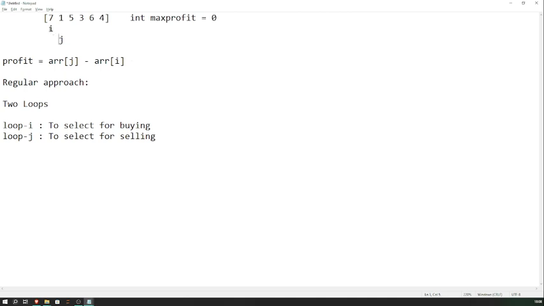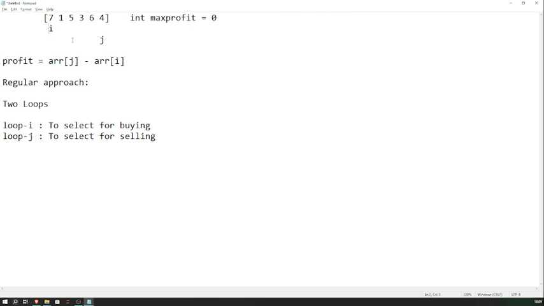So 1 minus 7 is minus 6. It's a terrible loss. We cannot do that. Then j plus plus, 5 minus 7 is minus 2, terrible loss. 3 minus 7 is minus 4, terrible loss. 6 minus 7 is minus 1, terrible loss. 4 minus 7, it's a loss, minus 3.